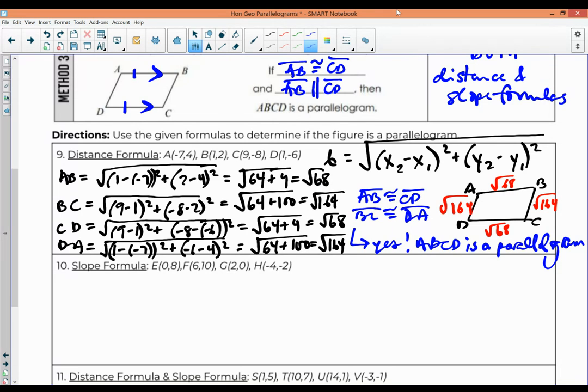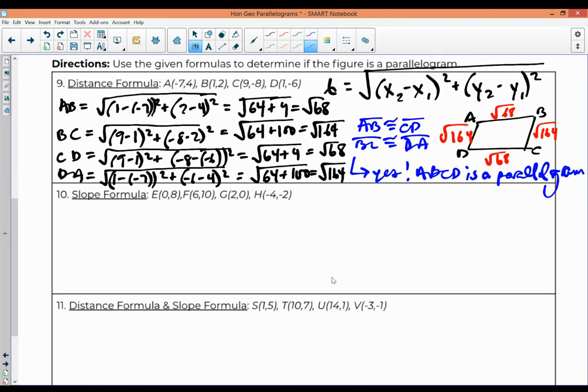All right, let's use our slope formula for number 10. Reminder on that slope formula, m equals difference in your y's divided by a difference in your x's. So we have quadrilateral EFGH here. So just to get a visual for that, maybe this one goes this way. EFGH.